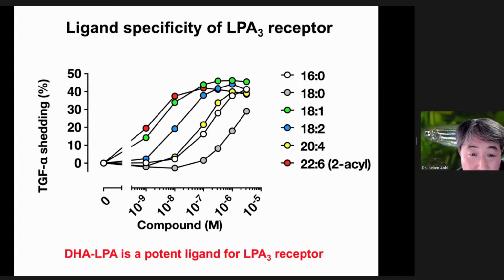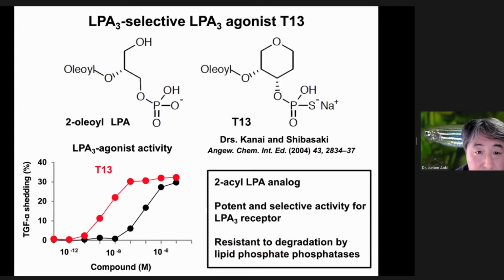For example, this graph shows the ligand specificity of the LPS3 receptor toward various types of lysophospholipid with different fatty acids. As you can see here, SN2-type DHA-LPA is the best ligand for the LPS3 receptor, although some PUFA-containing or monounsaturated LPA is also a good ligand. So DHA-LPA is a potent ligand for the LPS3 receptor.